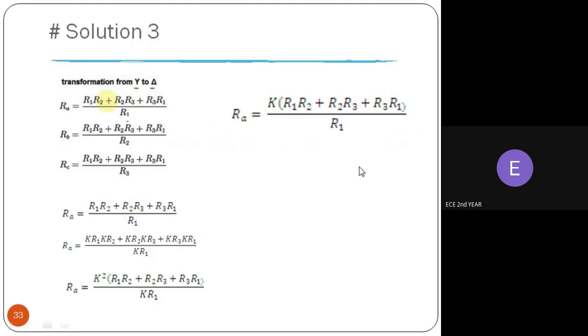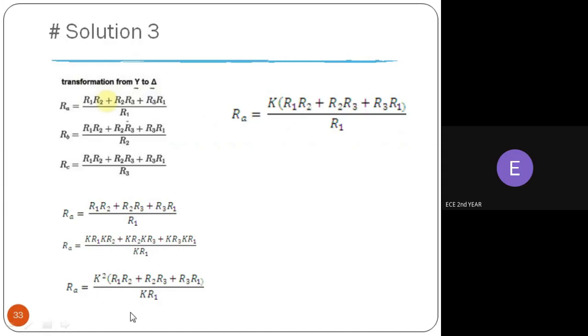So R1 can be replaced by K into R1, R2 by K into R2, and R3 by K into R3. So all the terms are scaled by K square. K square is common between all the terms, so take K square outside.